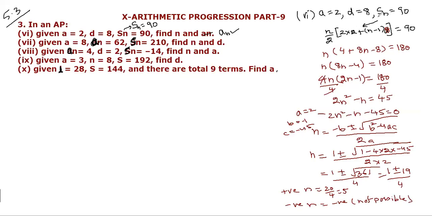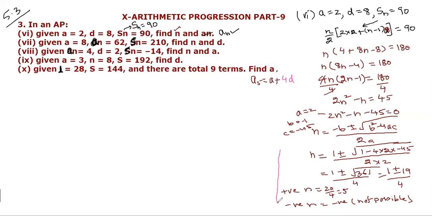We got n is equal to 5. So we have to find n, okay, we got the n. Now we have to find an. n is 5 means a5. That means we have to find an, which is a5. Number of terms is 5. So a plus 4d.